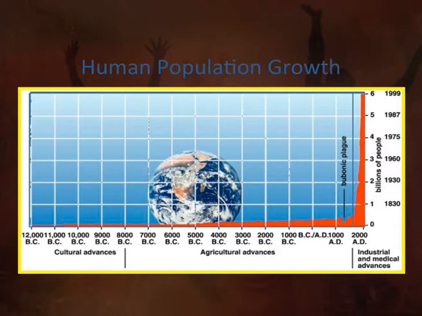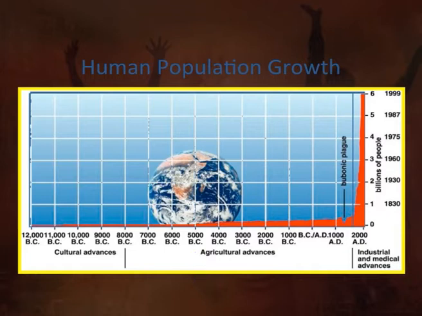You can see in this graph very clearly the time span is from 12,000 years before Christ till the present 2000 AD. Here in the initial period, that is up to 5000 BC, you can see that because of cultural advancements, the human population has slowly begun to increase in size.